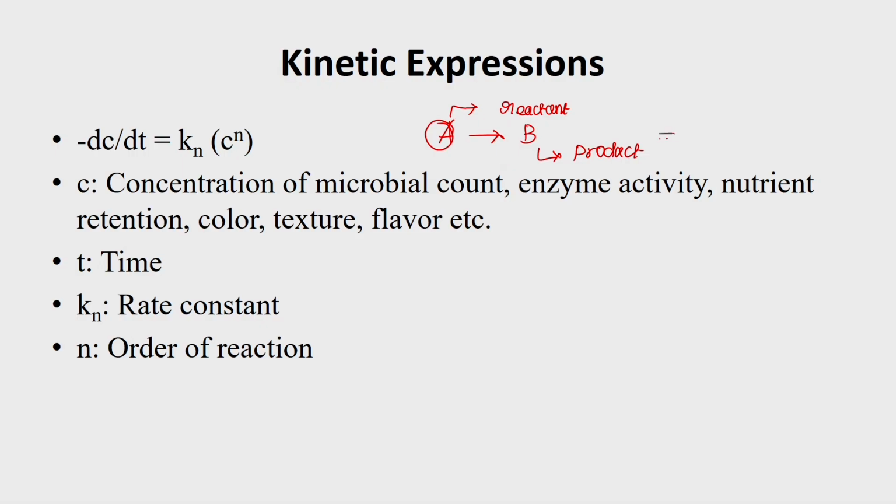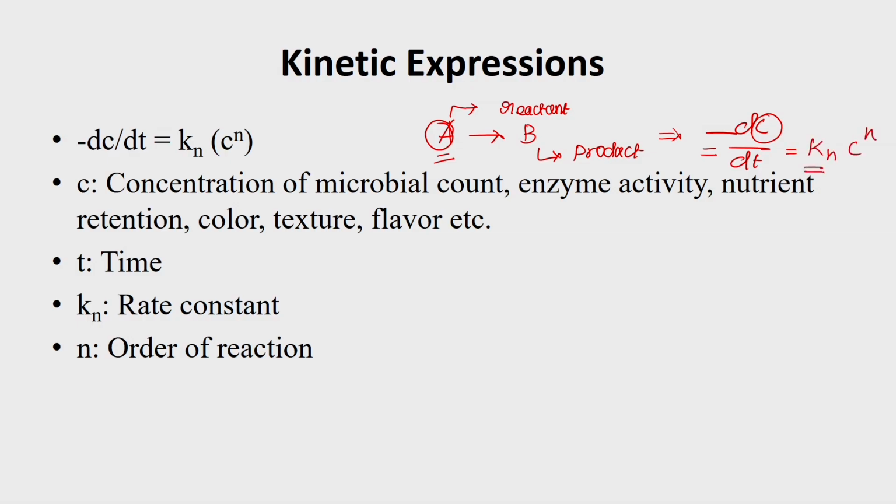That is nothing but the kinetic expression, which is minus dC upon dt, where C is the concentration of the reacting species. This minus sign is there because when the reaction happens, the reactant A is getting depleted over time. This is equivalent to Kn C power n.